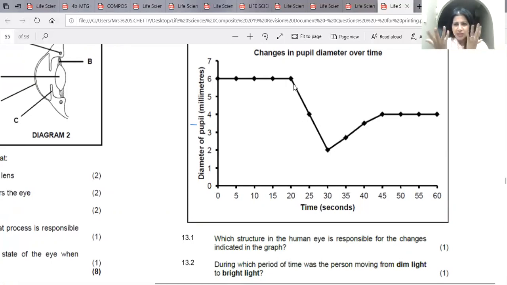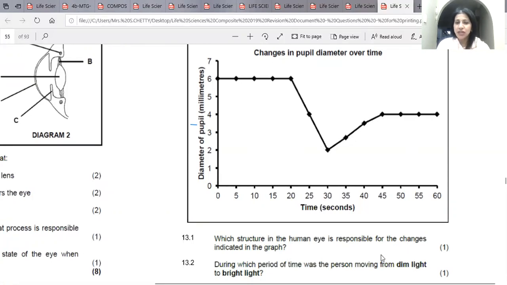When does a pupil become small? In bright light. So here, most probably the light was being moved closer and closer to the eye, so the eye was experiencing a brighter and brighter light. And then the size of the pupil became bigger and bigger, so the light was moved away from the eye until the size of the pupil remained constant again.